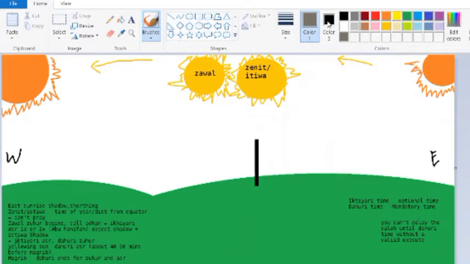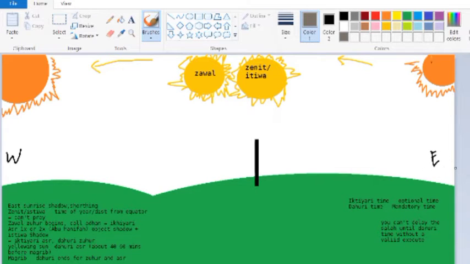Like in this picture, I already drew the sun, and this is the stick over the Sundial, and some notes I want to discuss.